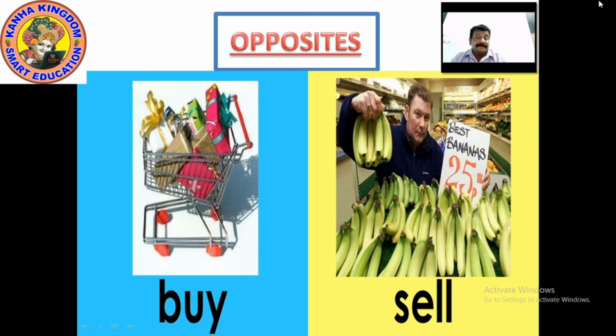And here the things are being purchased. Buy and sell. Sell means some person is selling something and you go to a certain market and you purchase. The purchasing is called buying. So please write it down.